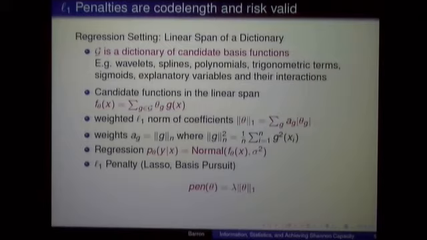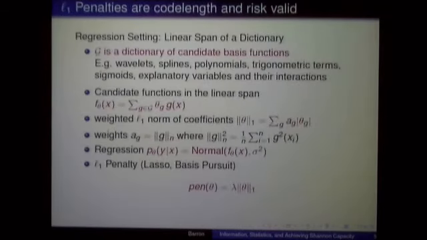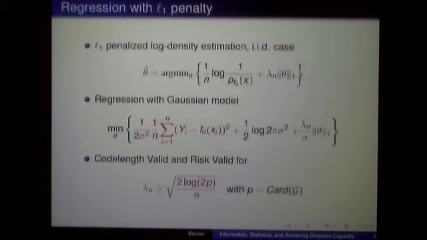Then that would give rise to the lasso or basis pursuit algorithm that both of the previous tutorialists explained. And then the question is, well, okay, what lambda makes this a valid penalty for compression or for these risk purposes.